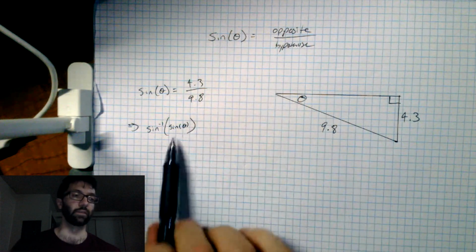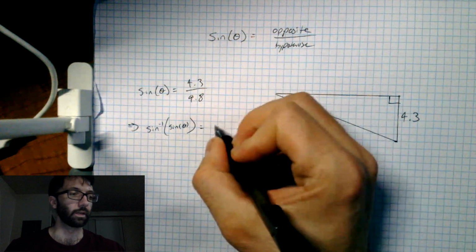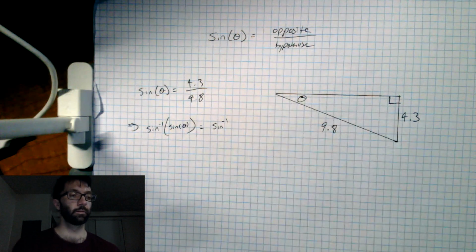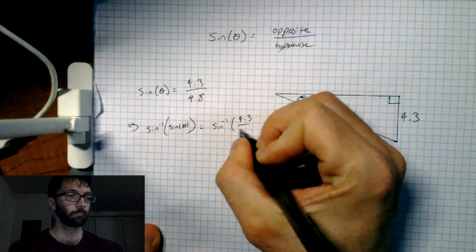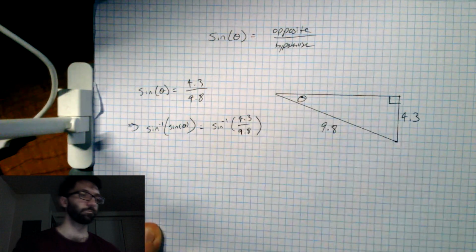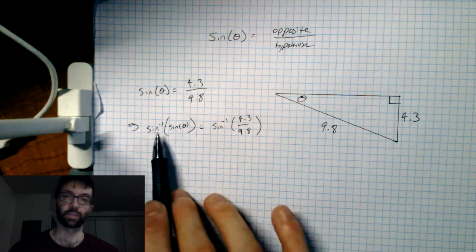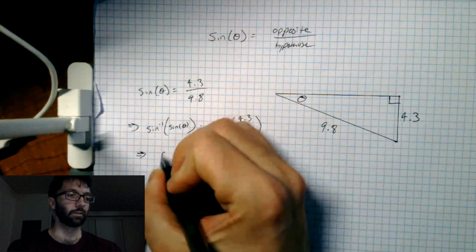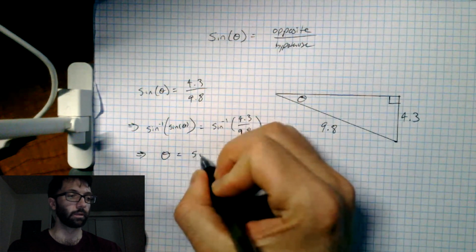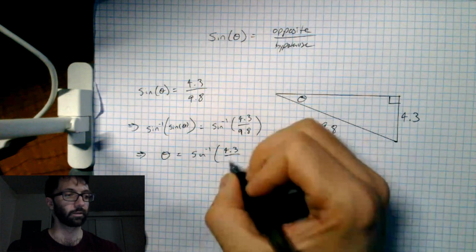Okay, so I'm going to take the inverse sine of the sine of theta, and then I'm also going to take the inverse sine of the ratio on the right side. Okay, and you can think of the inverse sine and the sine canceling, quote unquote. And so that'll leave me with theta equaling the inverse sine of 4.3 divided by 9.8.